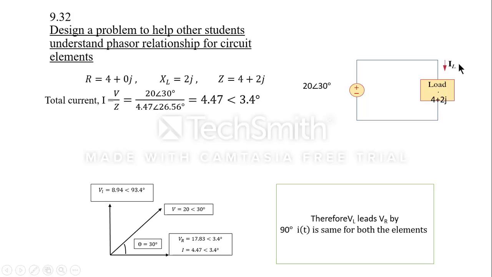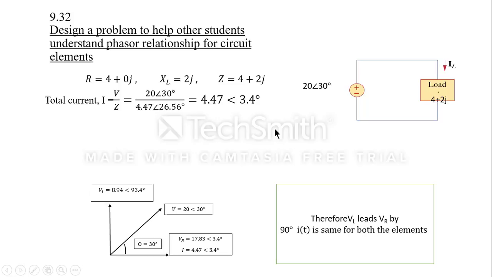Now the current through the circuit can be found using the formula I is equal to V by Z, which is equal to 20 with a phasor angle of 30 by 4.47 with a phasor angle of 26.56, which gives a value of 4.47 with a phasor angle of 3.4 degrees. Now our main aim is to find the voltage across the inductor and the resistor.